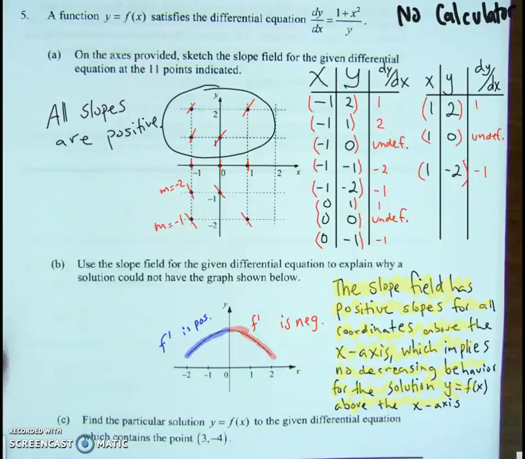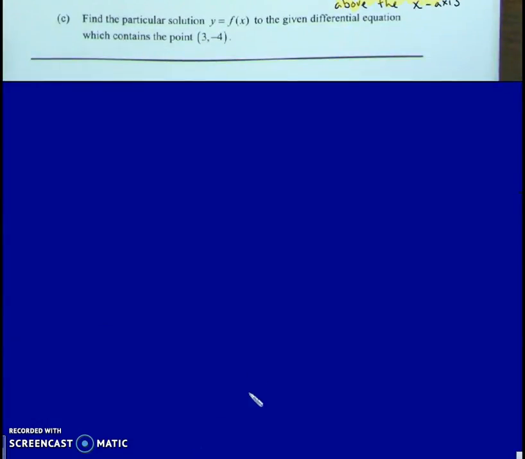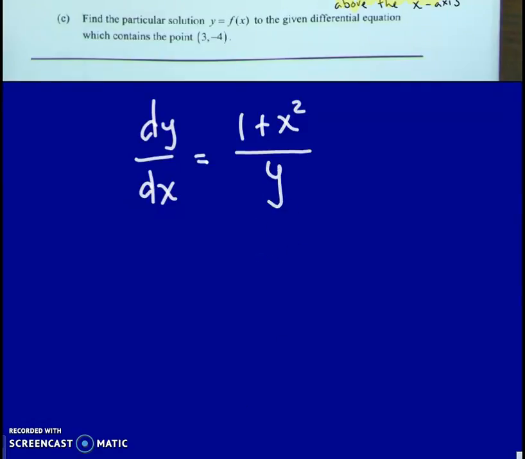Alright, part C: find the particular solution y equals f of x to the given differential equation which contains the point 3 comma negative 4. Right up top, dy over dx is equal to 1 plus x squared over y is your differential equation. So let's go ahead and do that. Not too bad.